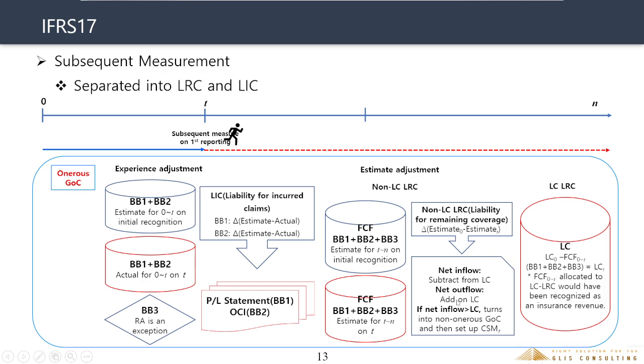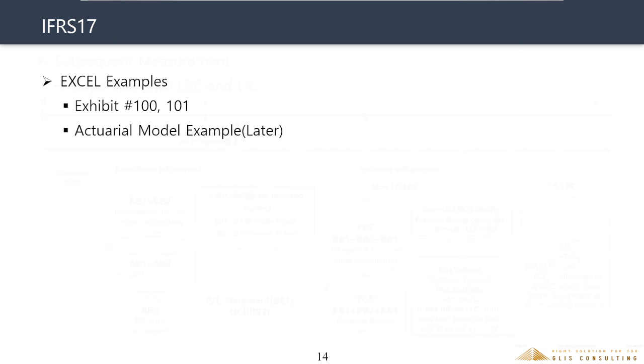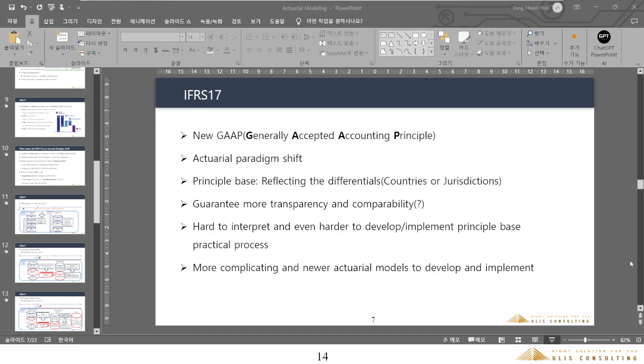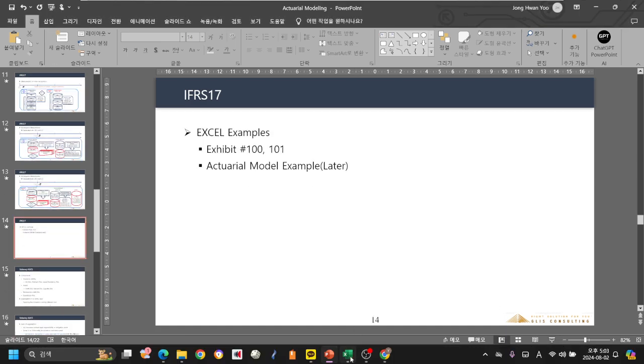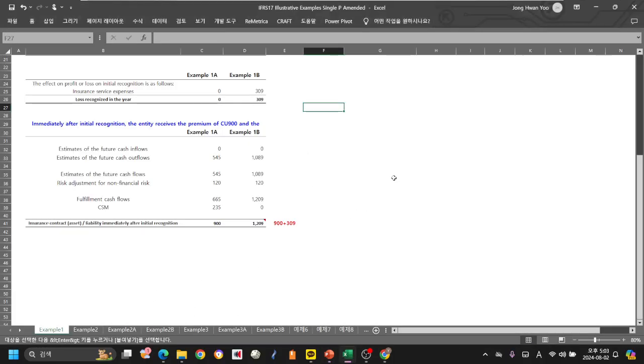Obviously, net inflow is bigger than the initial or existing loss component, and it all becomes 0, and then we set up the contractual service margin at t, right? I know this is quite complicated, so I'll show it in Excel right now and give an example.